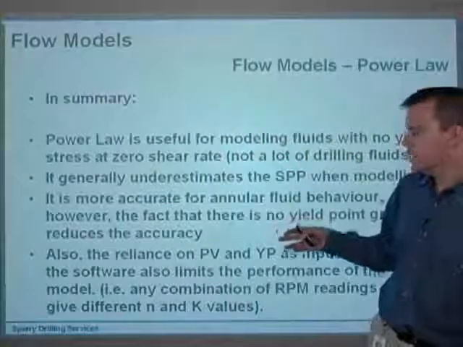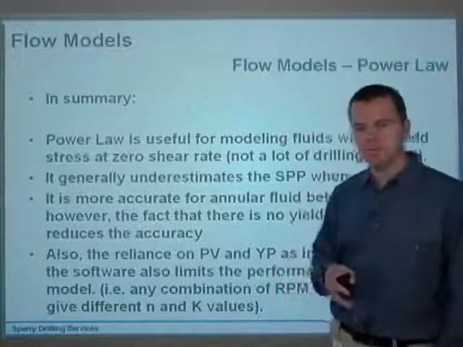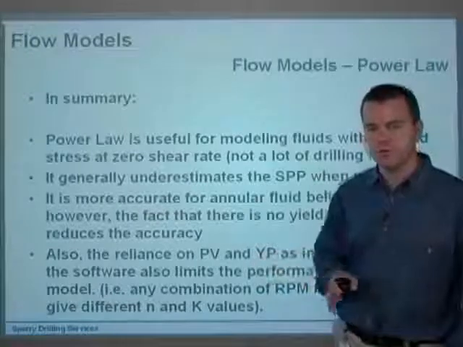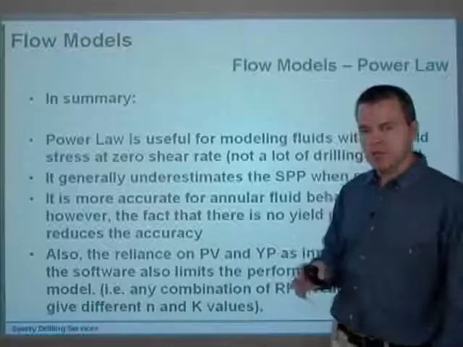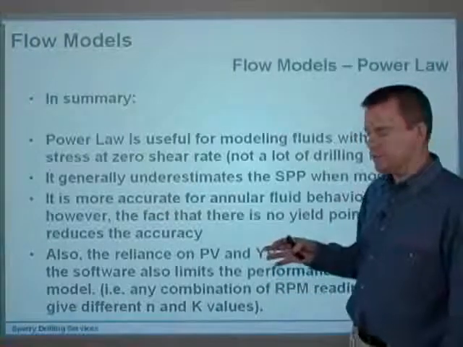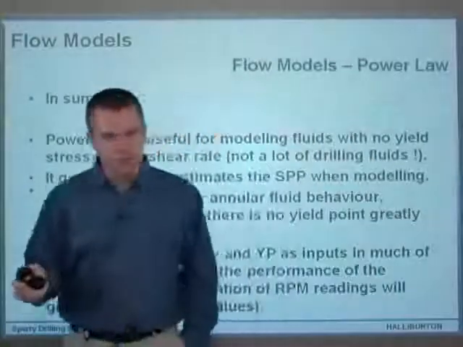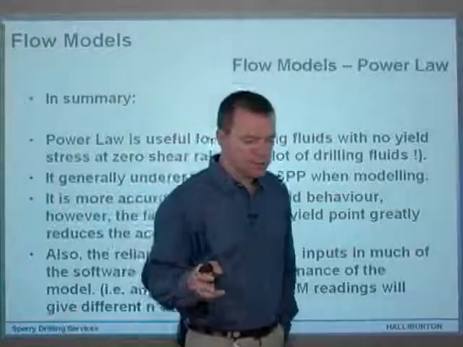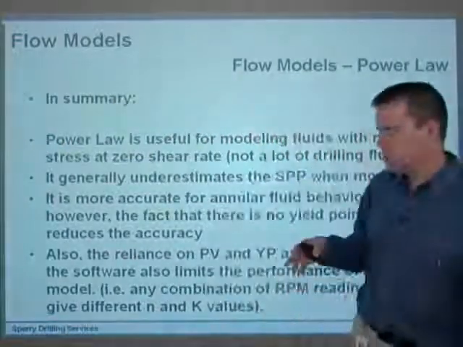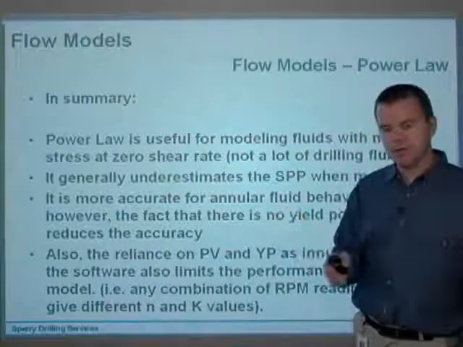So also the reliance on PV and YP as inputs in much of the software also limits the performance of the model. So any combination of RPM readings will give different N and K values. If you use strictly the 300 and 600 readings, you get different N and K than you would if you used the 3 and the 100 readings, or the 3 and the 6 readings.